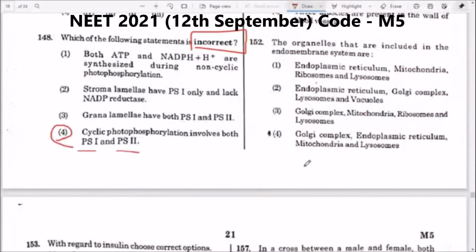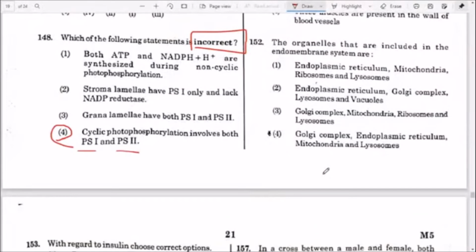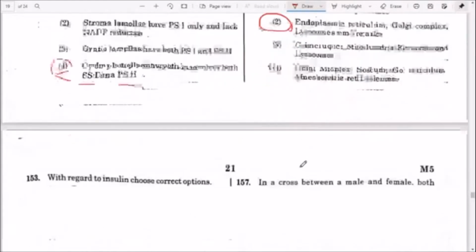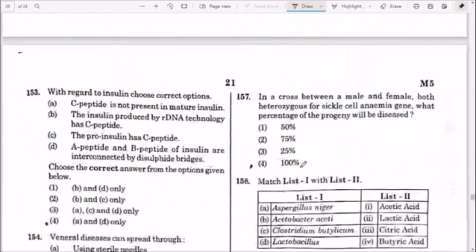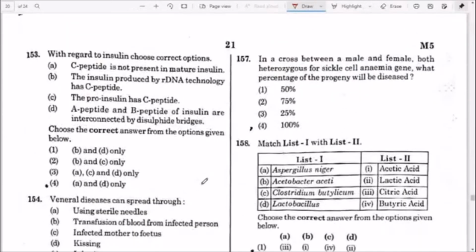Next, question number 152. The organelles that are included in the endomembrane system are endoplasmic reticulum, Golgi complex, lysosomes and vacuoles. Next, question number 153. With regard to insulin, choose the correct options. C-peptide is not present in mature insulin. The insulin produced by rDNA technology has C-peptide.